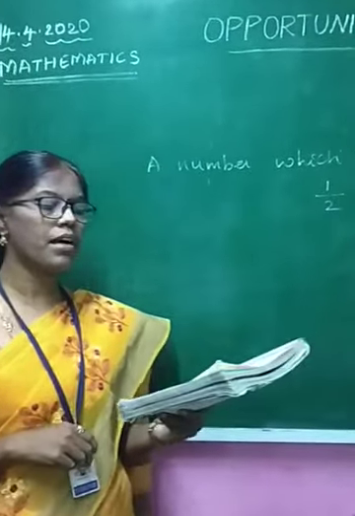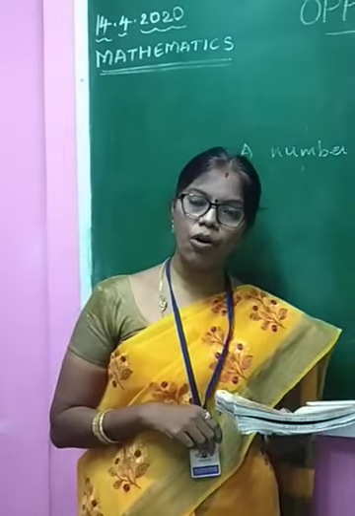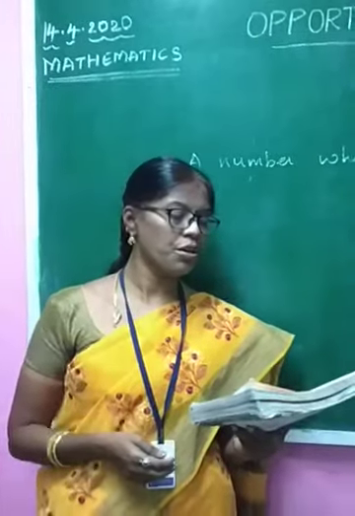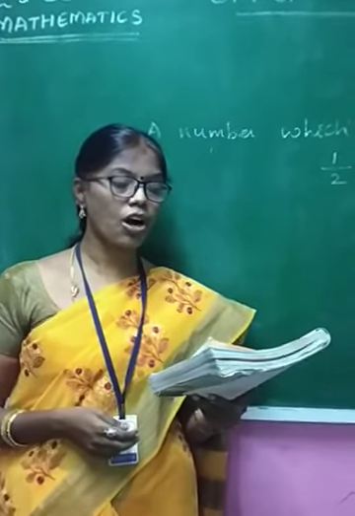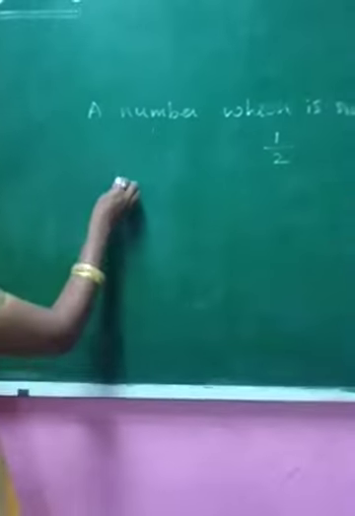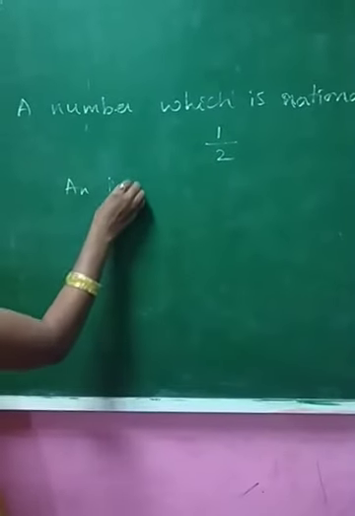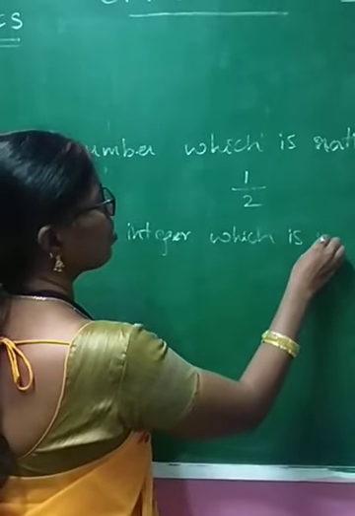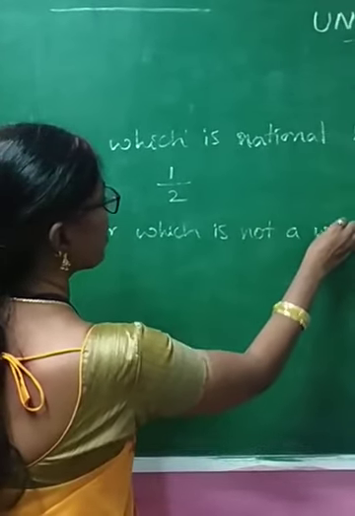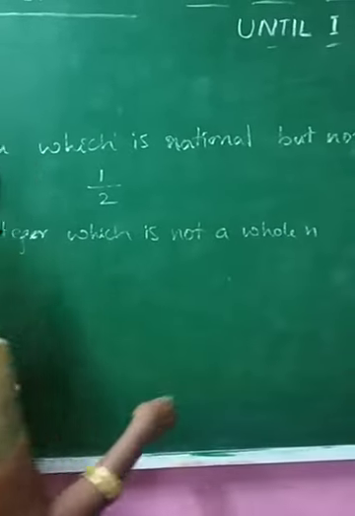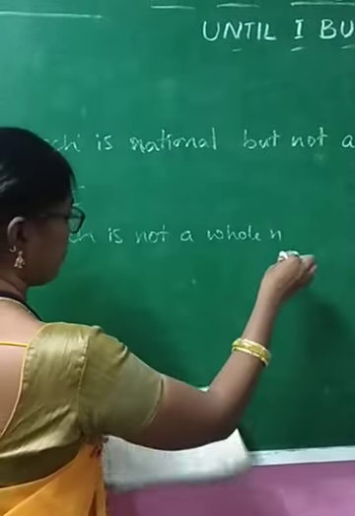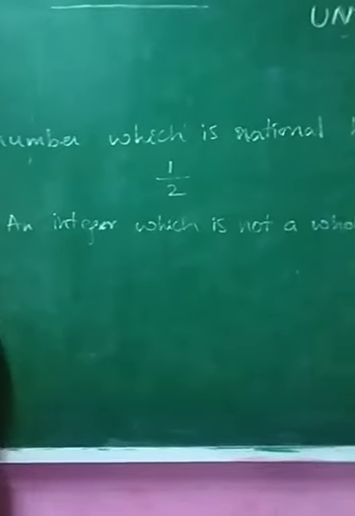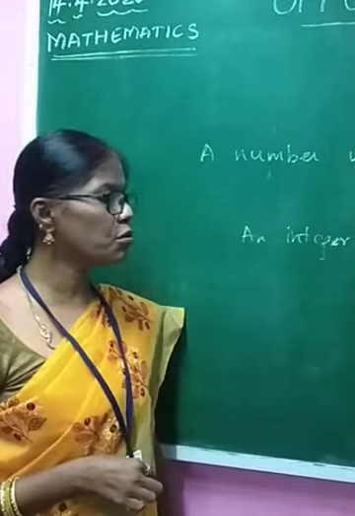And a whole number which is not a natural number. A whole number, but not a natural number. You know that it is nothing but 0. Now, an integer which is not a whole number. Whole numbers start from 0 onwards: 0, 1, 2, 3.